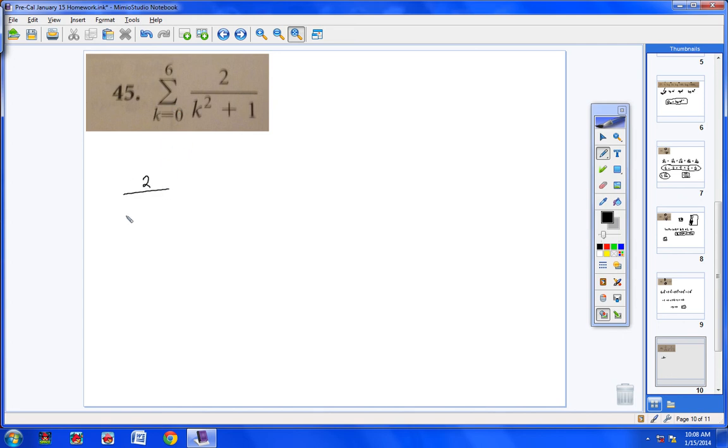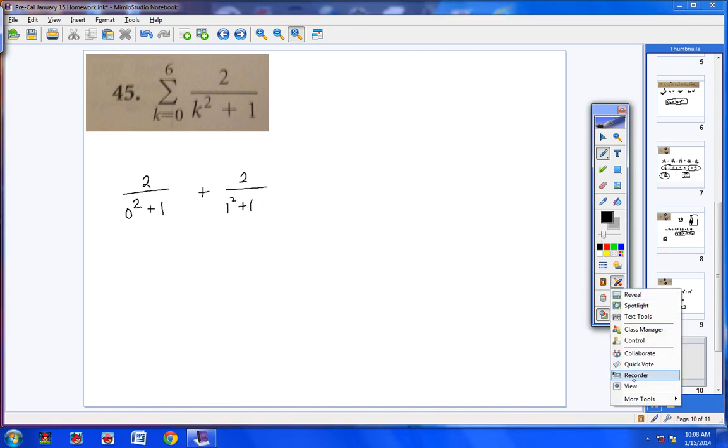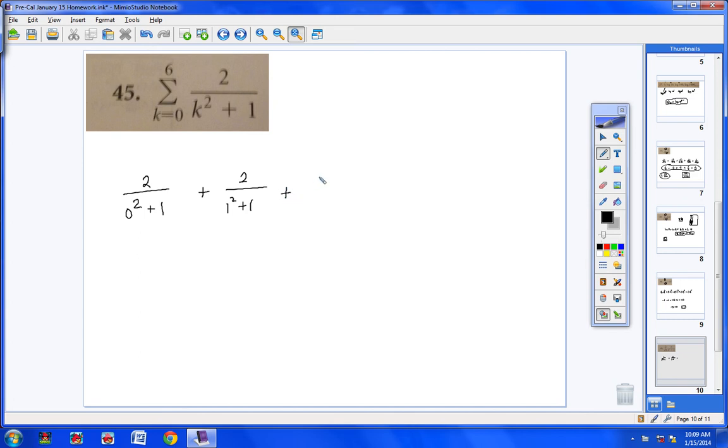So I have 2 over k squared plus 1, so I put a 0, plus 2 over k squared plus 1, so I'll put a 1, plus 2 over 2 squared plus 1, plus 2 over 3 squared plus 1, plus 2 over 4 squared plus 1, plus 2 over 5 squared plus 1, plus 2 over 6 squared plus 1.